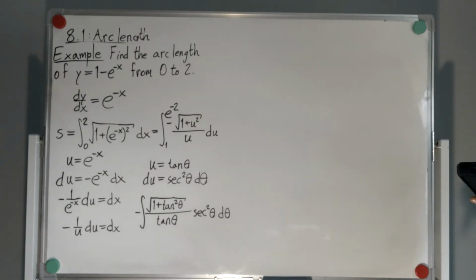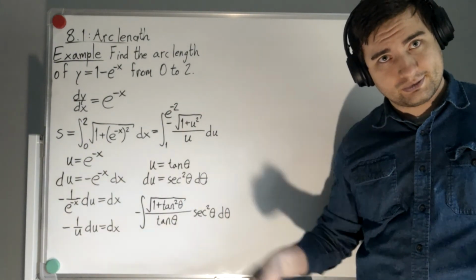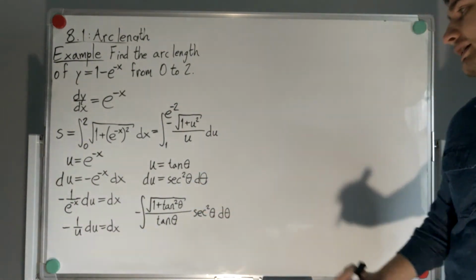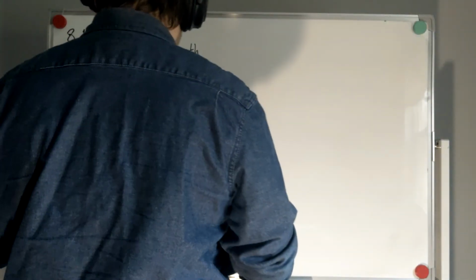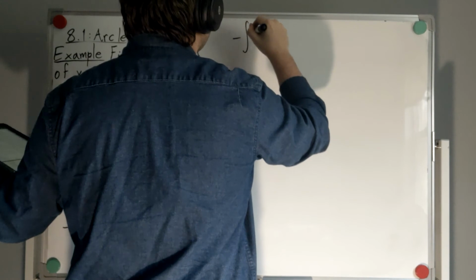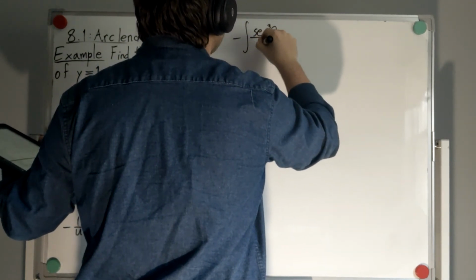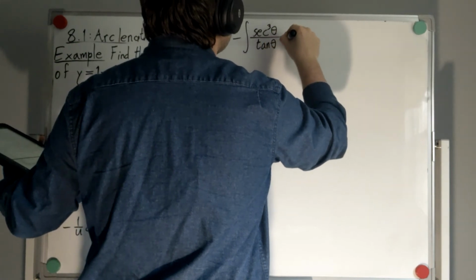Right, so anyway, tangent squared plus 1 is secant squared. Square root of secant squared is secant. So then we have secant cubed over tangent. So we have negative integral of secant cubed theta over tangent theta d theta.